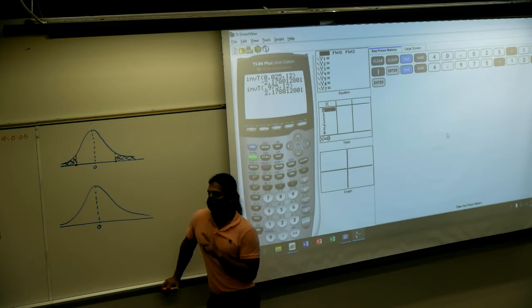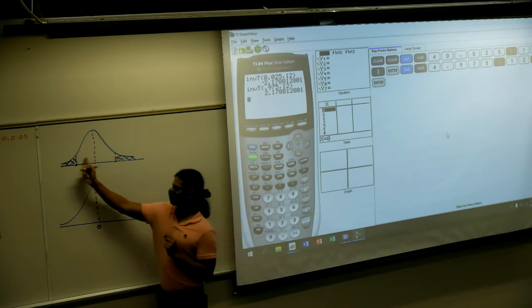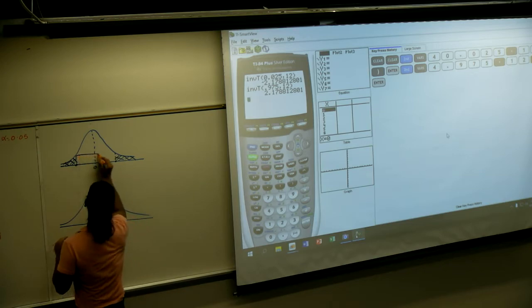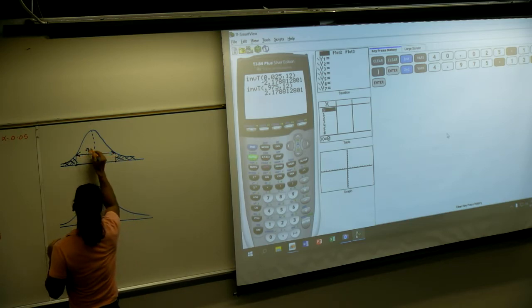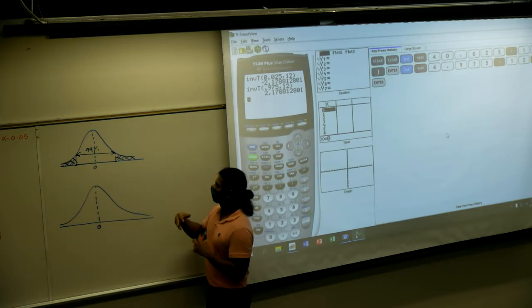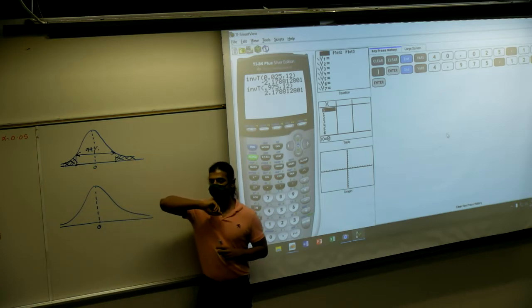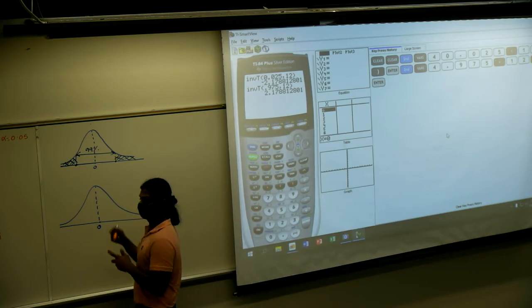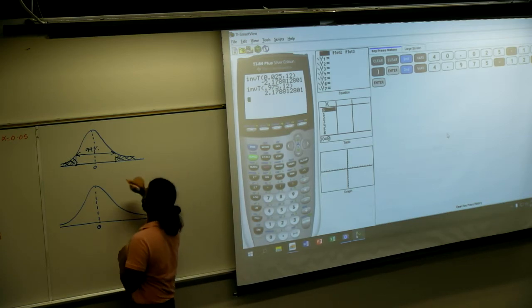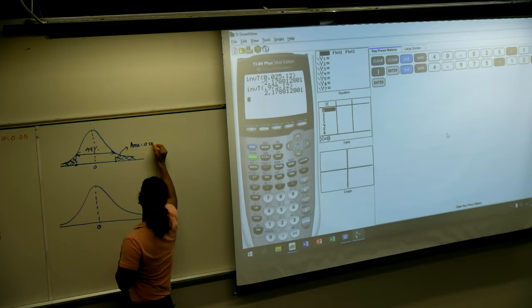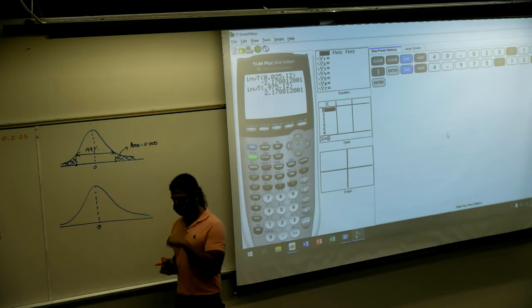The confidence level is 0.99. So what is the percent in the middle? 99%. If so, what amount of area do we have on either side? 0.005.